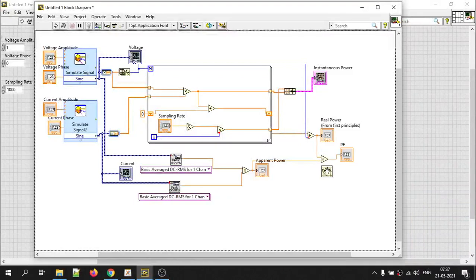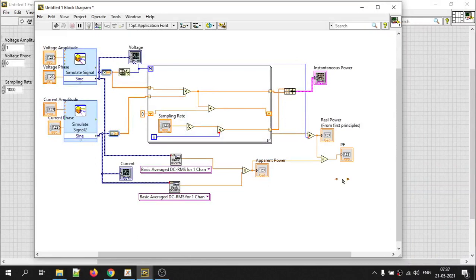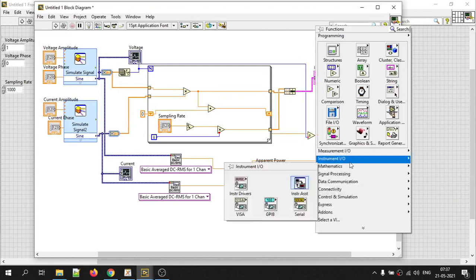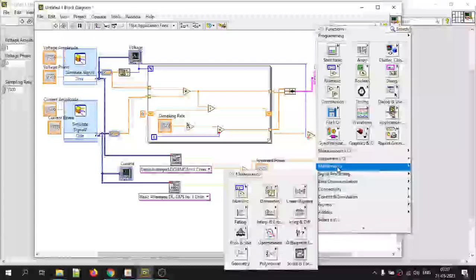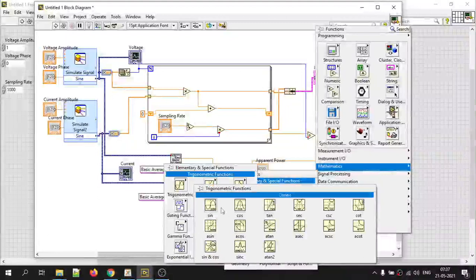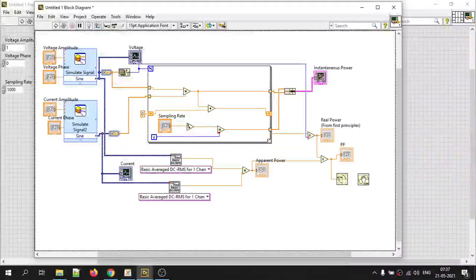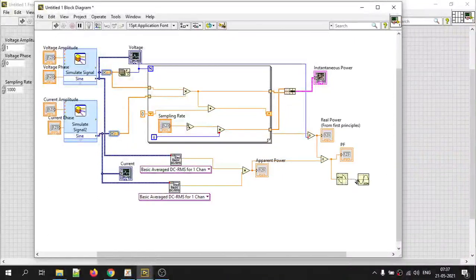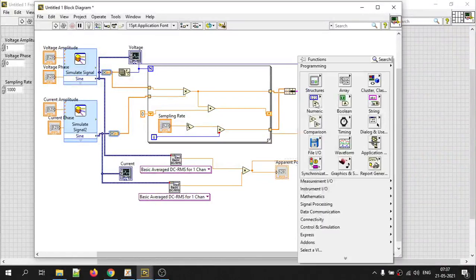A cos stands for arc cosine, in the sense cos inverse. Okay, now we have phi. This we will pass through the sine block. Once again mathematics, elementary, trigonometry, sine. Now we have sin phi. This apparent power into sin phi will give the reactive power.